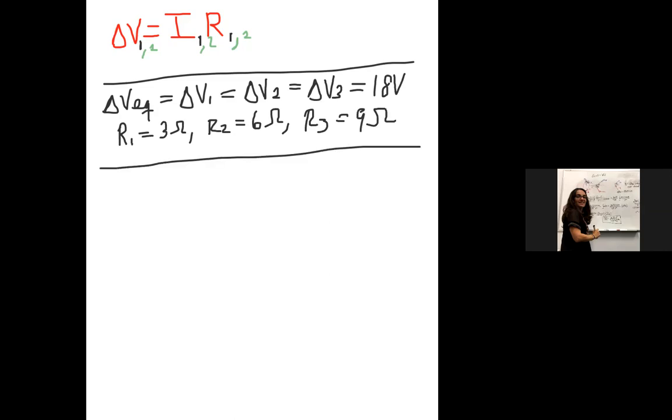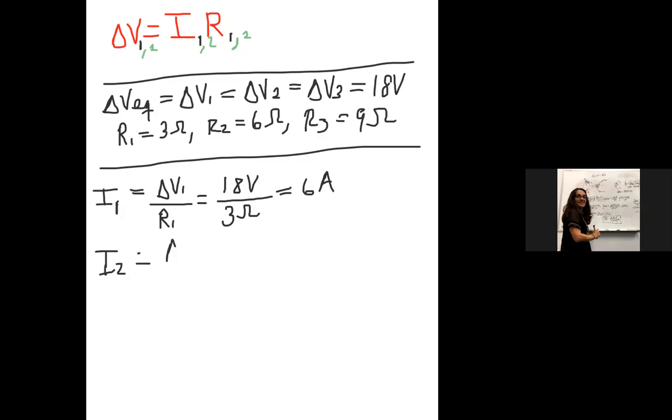So with that information, we want to find current 1. Using Ohm's law, the current is the voltage through it over its resistance. So this is 18 volts over 3 ohms, and that's a current of 6 amps.